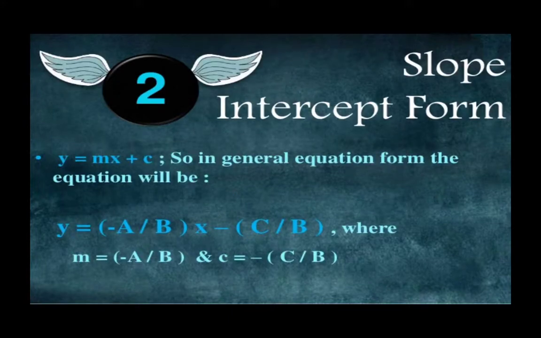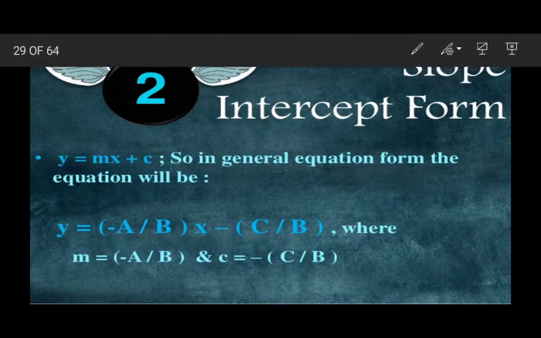Then the second general equation is the slope intercept form. Slope intercept form is y is equal to mx plus c, where m is the slope and c is a constant.